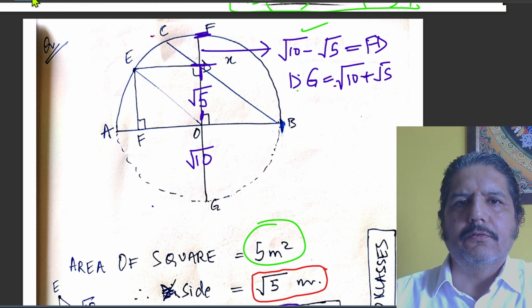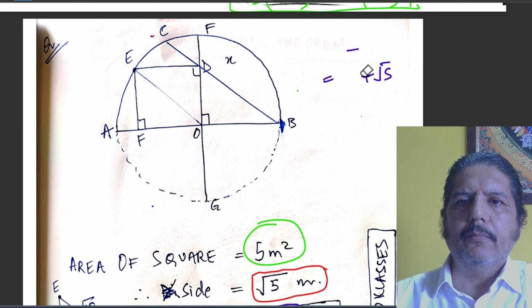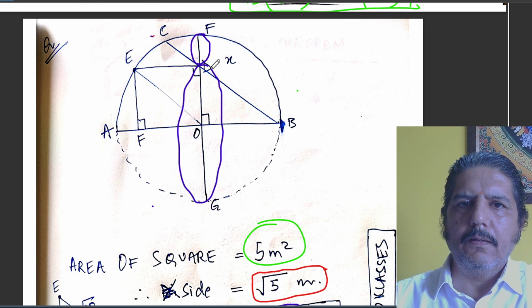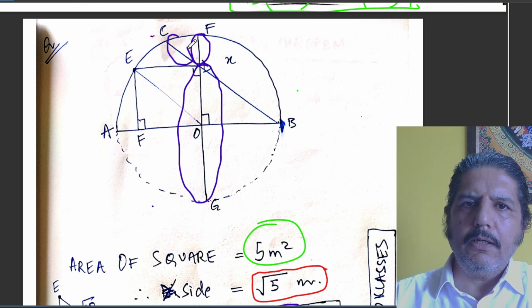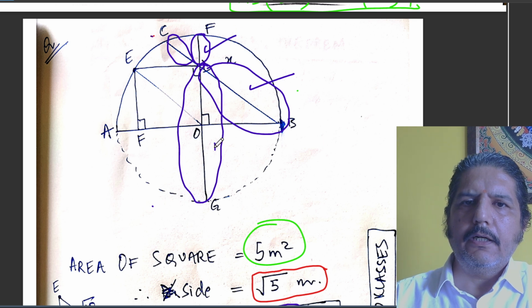It will start making sense. Not very difficult. In case you face any difficulty, you can comment and I'll explain it again. But it's pretty simple. See, this part multiplied by this part is equal to this part multiplied by this part. I have calculated this. I know this, and this will help me get this.